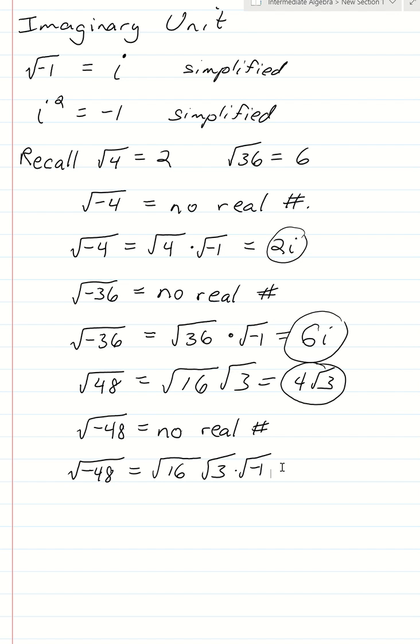And now we want to simplify what we can. The square root of 16 can be simplified to 4. The square root of the negative 1 can be simplified to i. We cannot simplify the square root of 3, so that just comes along as the square root of 3. So now our answer would read 4i square root of 3.